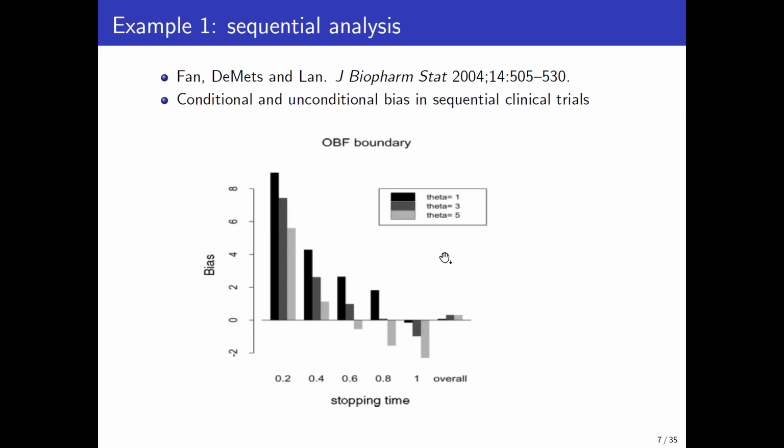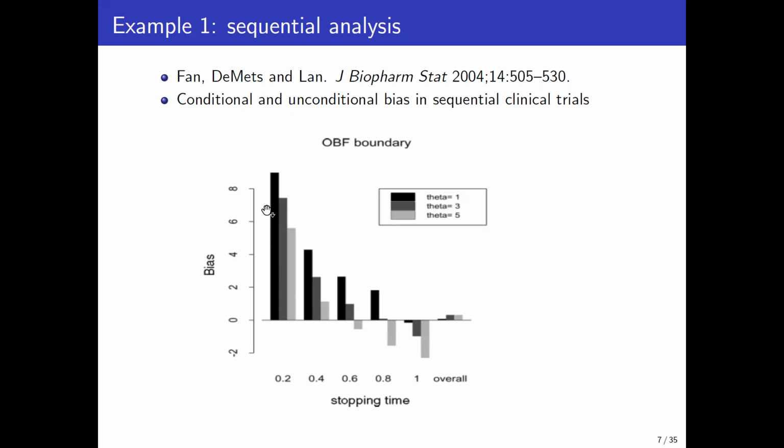It doesn't really matter what sort of treatment effect measure we're using here. You can think of it as a log odds ratio or log relative risk or whatever. But the point is that for studies that stopped early at the first interim analysis, we get a very large bias, and the 3 columns in each case are just the different size treatment effects. So you can think of this as a small, moderate, and large treatment effect.